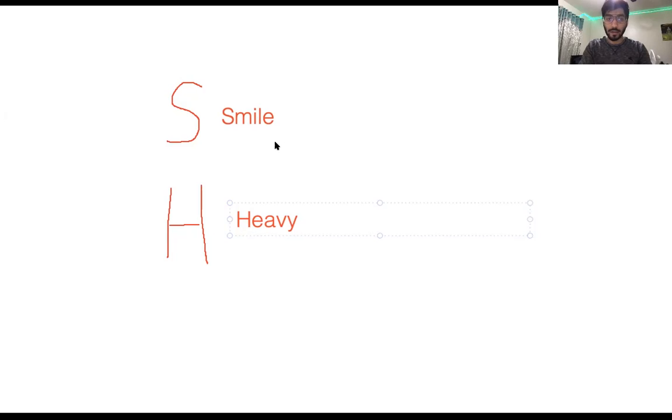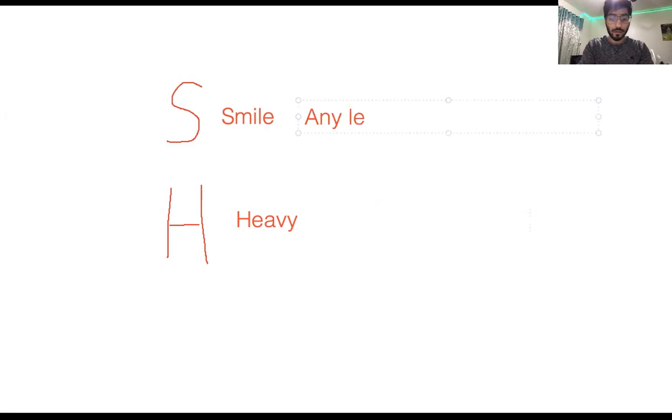Once we understand this concept that S stands for smile and H stands for heavy, keep that in our minds, inshallah, and that will be the two basic structures of the Arabic letters when we're learning them properly. The next question is, what does smiling have to do with the Arabic letters? This is very simple.